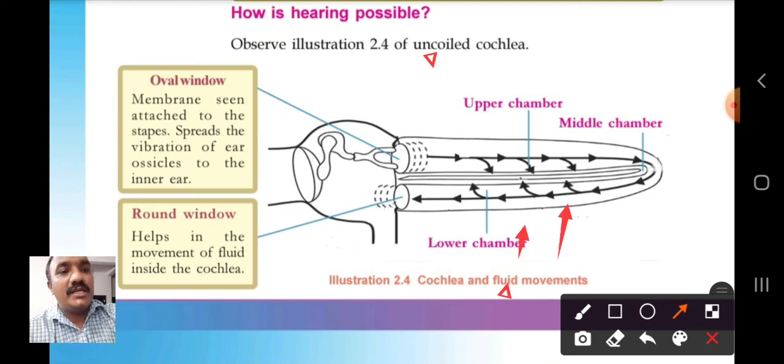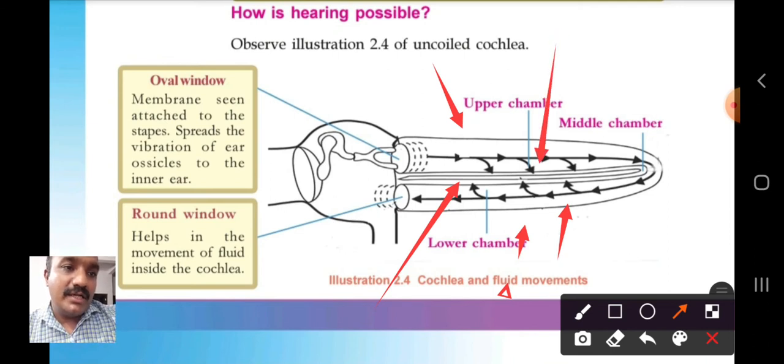Look, this line and this line: this is the bony case, or case made with bones. And now you look, this one is the membrane case. Inside this membrane case it is endolymph, and this area and this area, the space between membrane case and bony case, there the fluid is what?